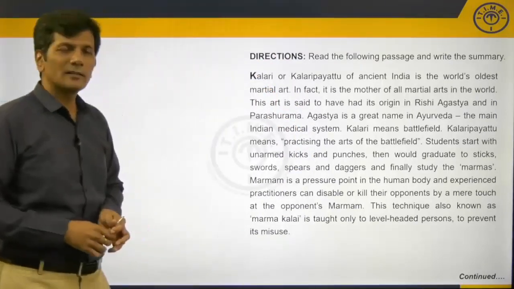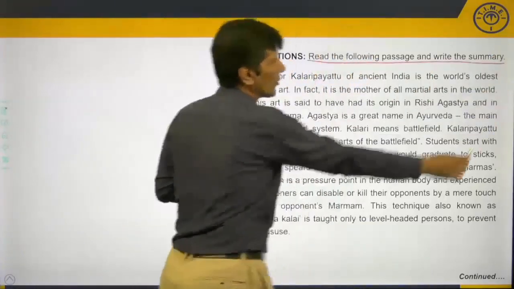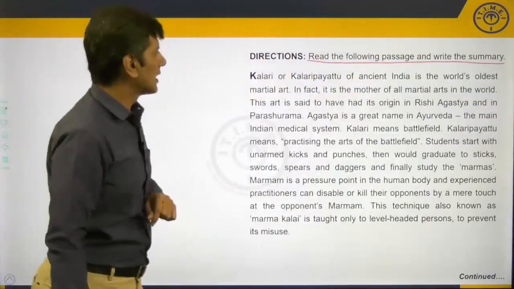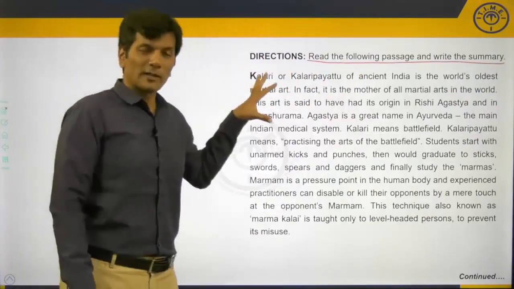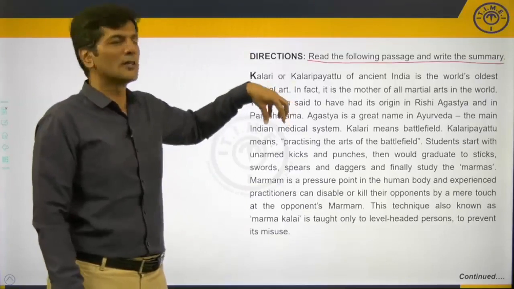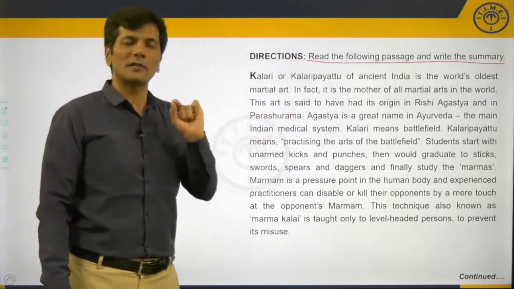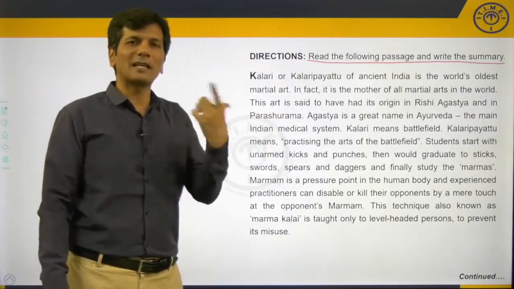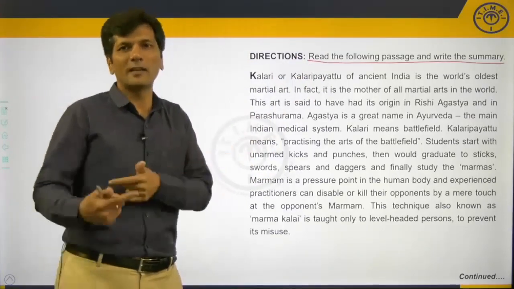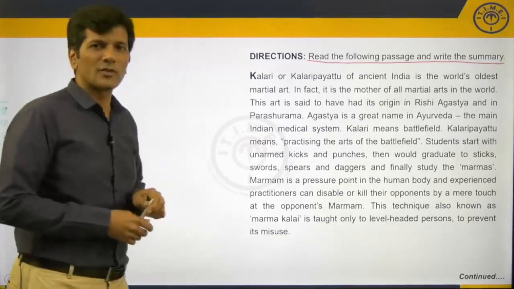Let's try to understand and summarize this. Read the following passage and write the summary. We will read it together and try to understand how we go about understanding each of these sentences, and discuss which is a key sentence and which is not. Now, how does the passage read?